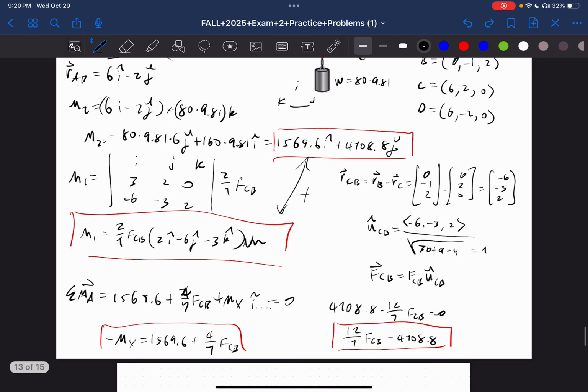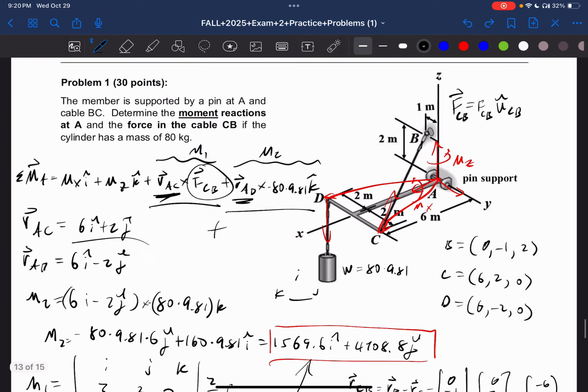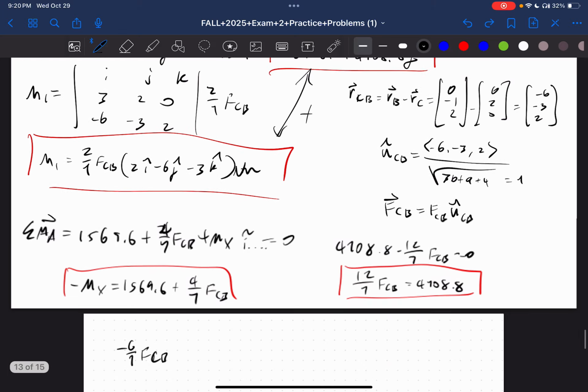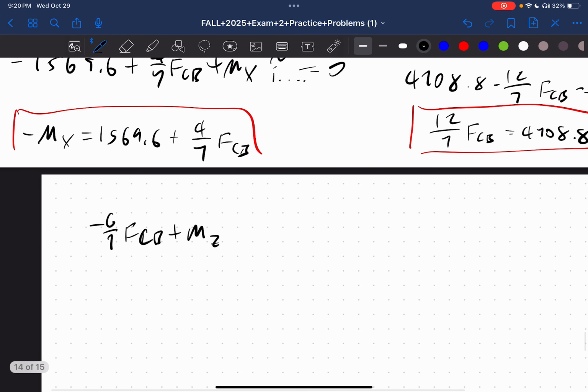In the Z direction, we have negative 3 times negative 6 over 7 FCB. And there's a Z direction up here, Mz, plus Mz is equal to 0. So we're going to get 6 over 7 FCB is equal to M in the Z direction. Okay, that's pretty good.